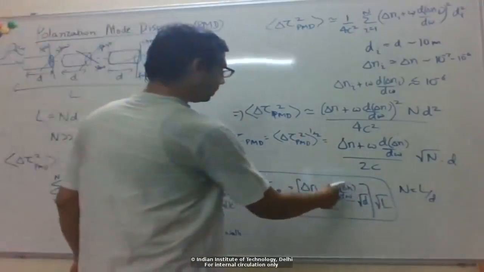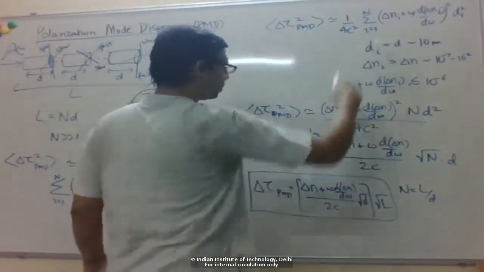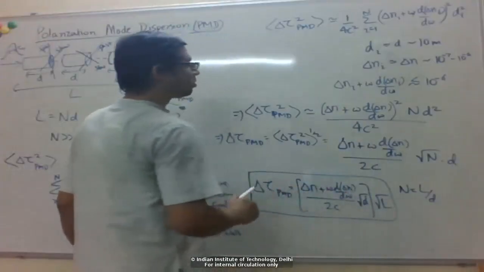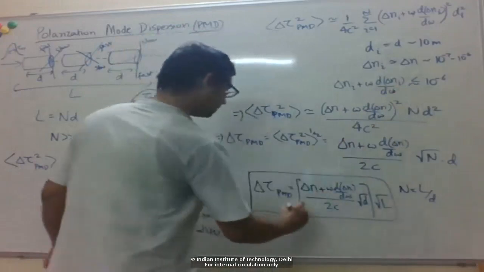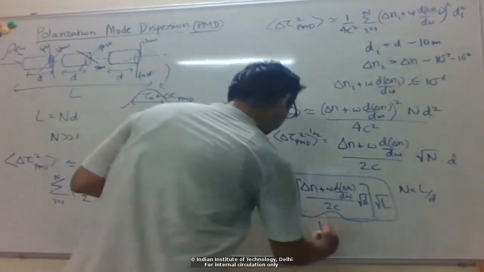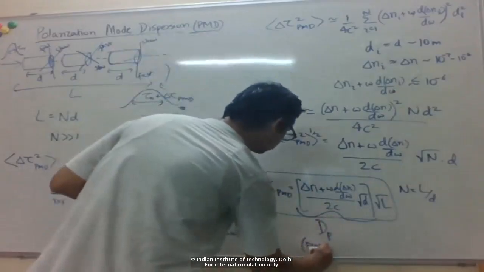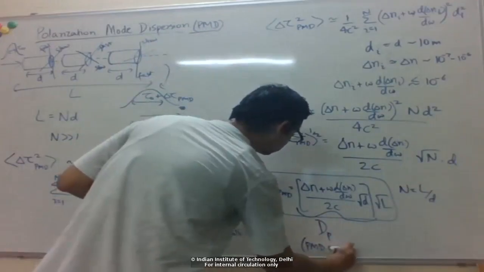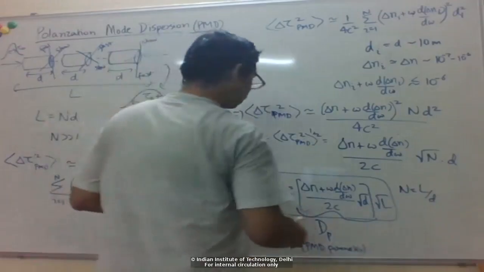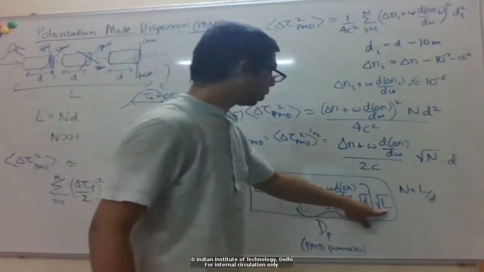If you put these numbers here, c is just the speed of light, d about 10 meters, and delta n plus the derivative of delta n about 10 to the minus 6, this coefficient here is known as D_p. This is the PMD parameter. So this is seconds, and here you have the square root of length.